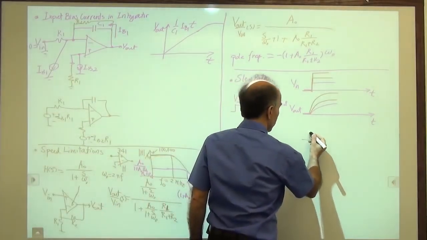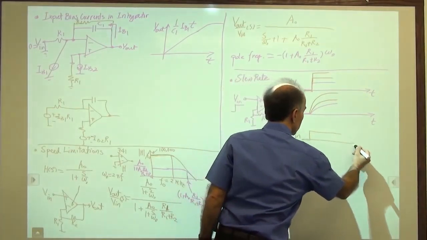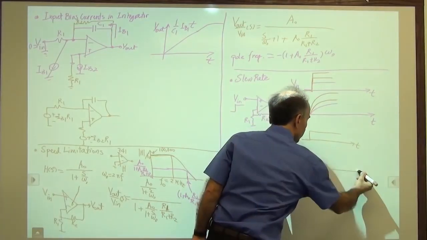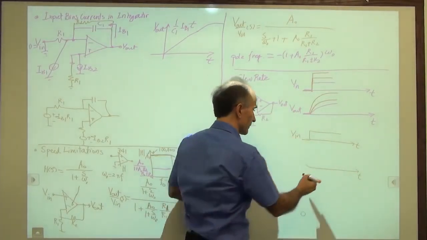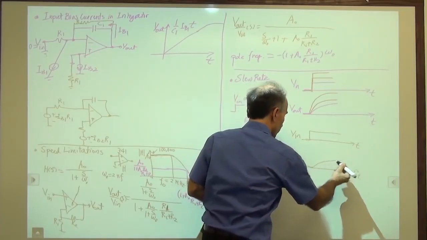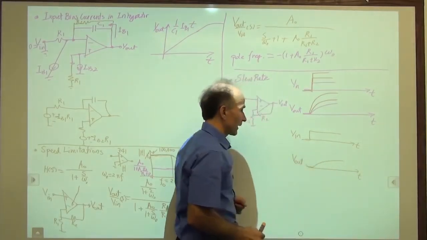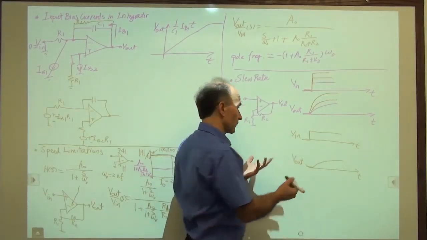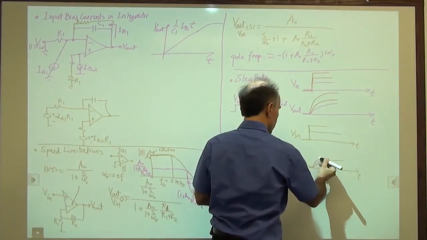Okay, so we have V in, a step, and then V out, an exponential. If V in is a small step, no problem, similar to before, you have an exponential. And now we come along and increase the step height like before. So we give it another new step, and we see that it did this.